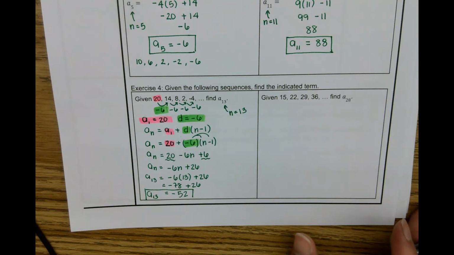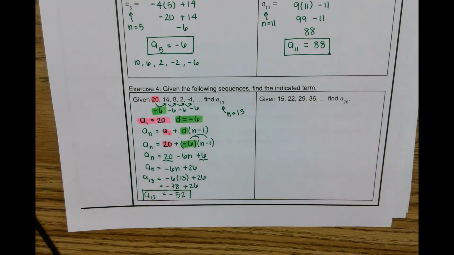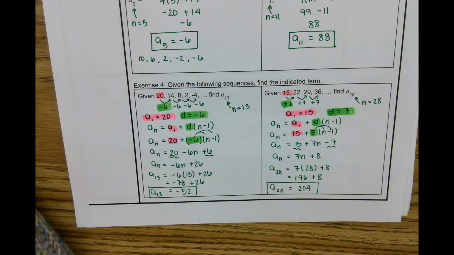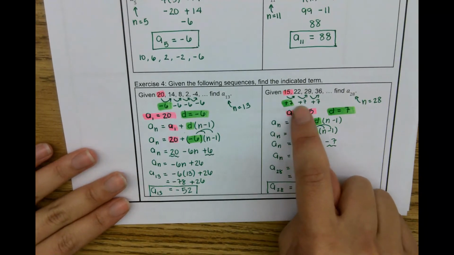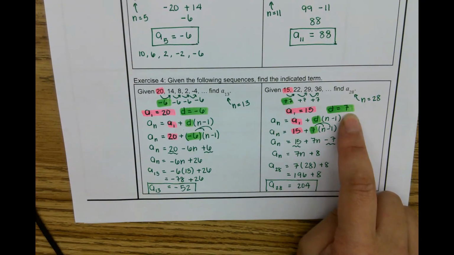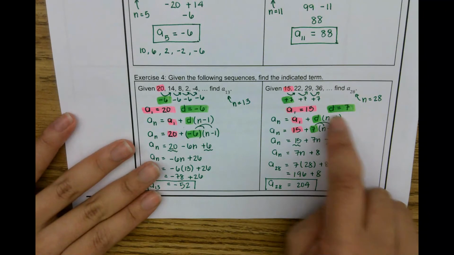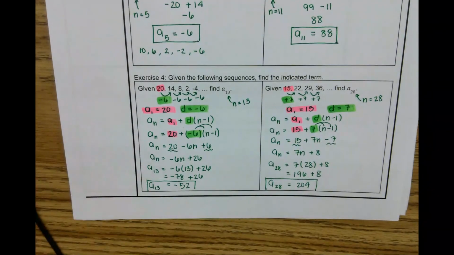So I'm going to have you try this one on your own. Come back, check your answer. So here you go. I found my first term, 15. I found the common difference. It's adding 7, so d equals 7. Then I plugged it in to my explicit formula rule to write the explicit formula.